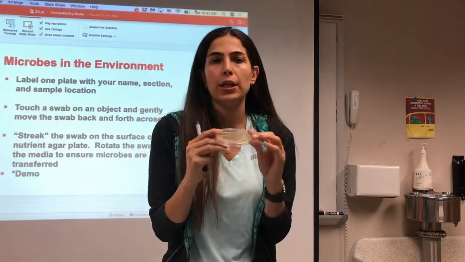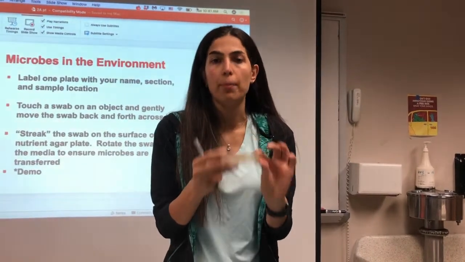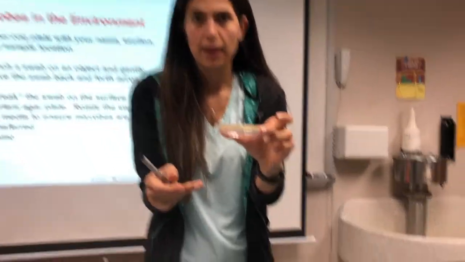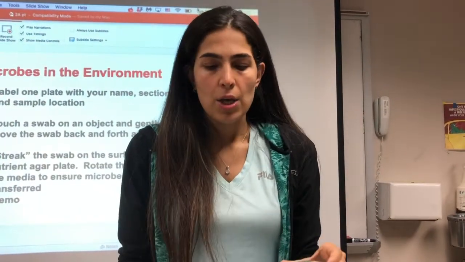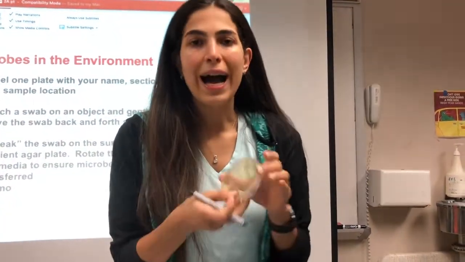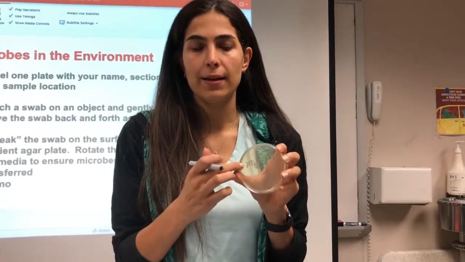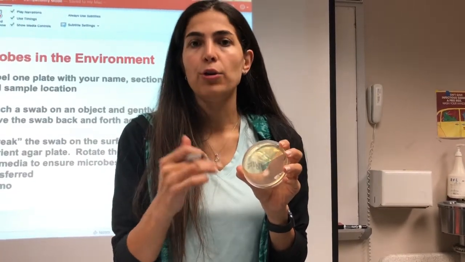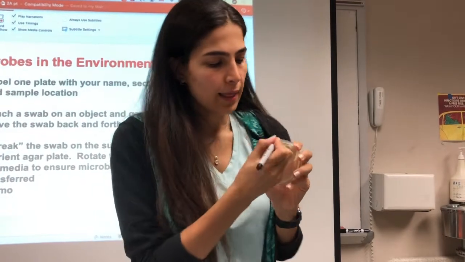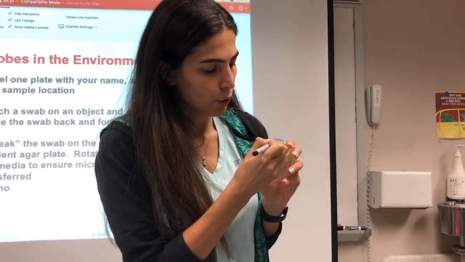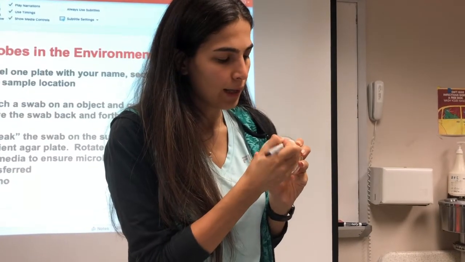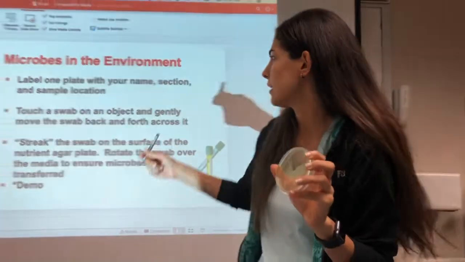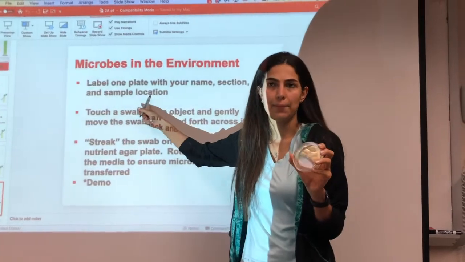When you put it in the incubator, the agar side should be up like this, because we want to avoid water condensation. So you have to label your plate with your name, your initials, your section, for example 801, and the location where we get our samples.